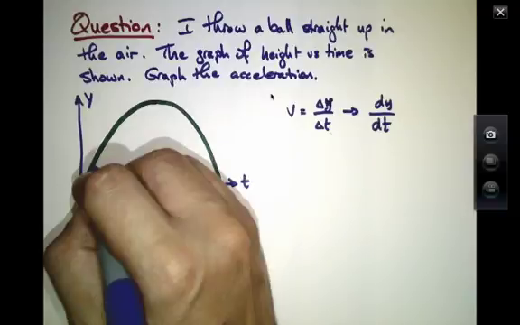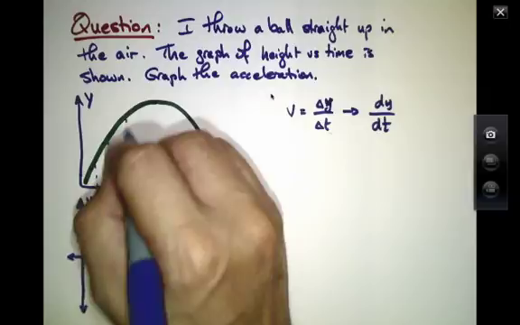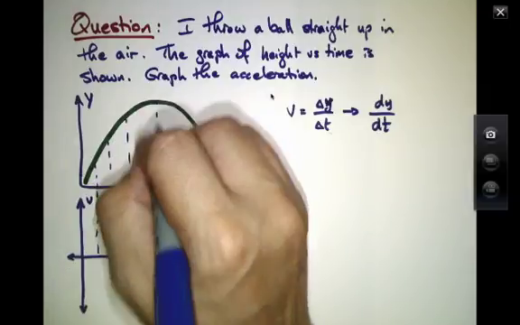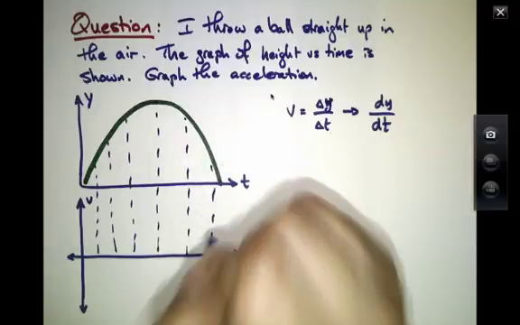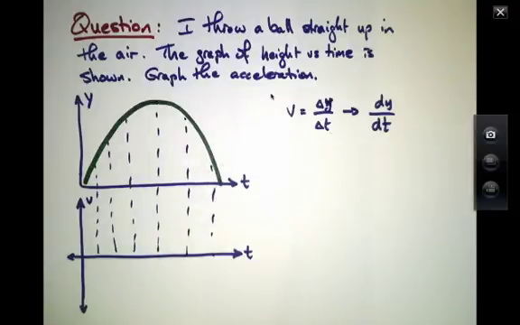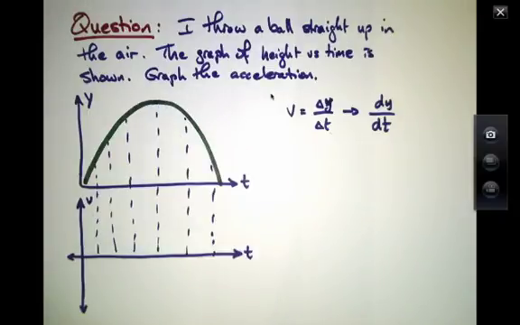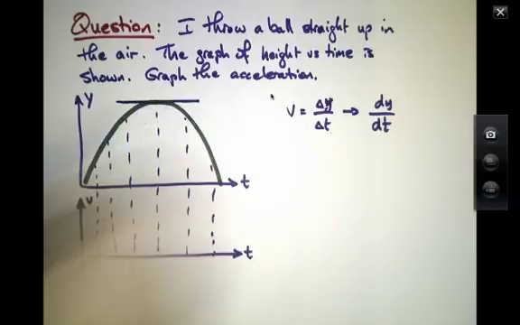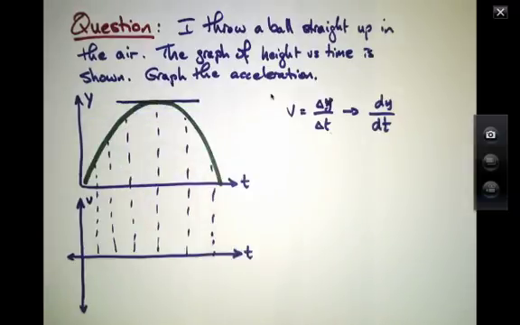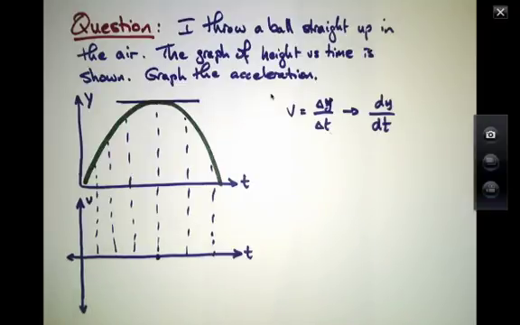I'm going to pick some times here to show on this graph. And there's one time which is going to be particularly convenient for us to look at, and that is right here at the top of the arc. That's because the tangent line here is roughly horizontal. In other words, the slope of that tangent line is 0, and the velocity, therefore, at that time should be 0.